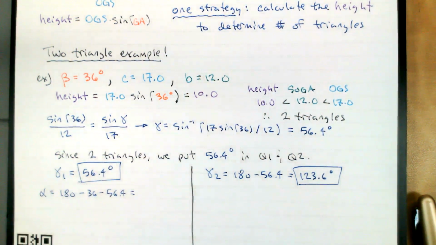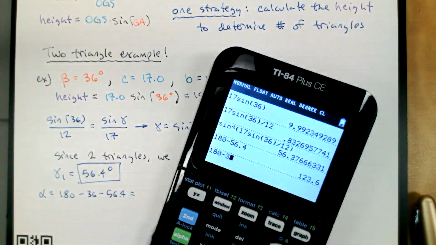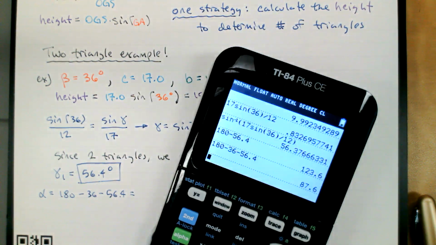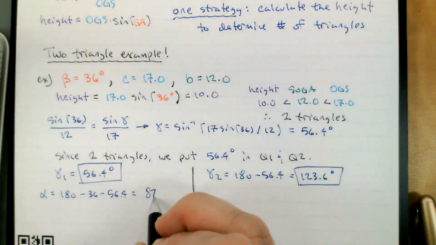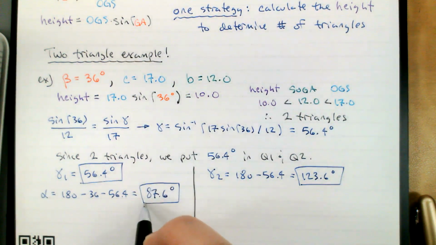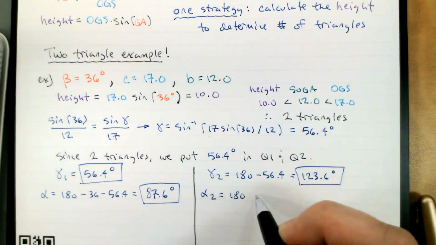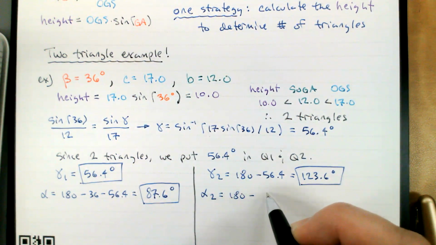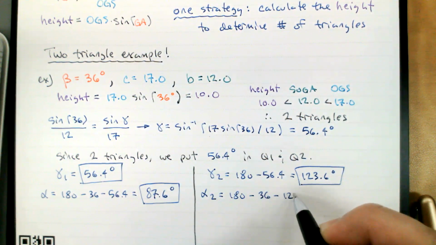So that's going to be 87.6. And my other alpha will be 180 minus 36, excuse me, minus the 123.6.